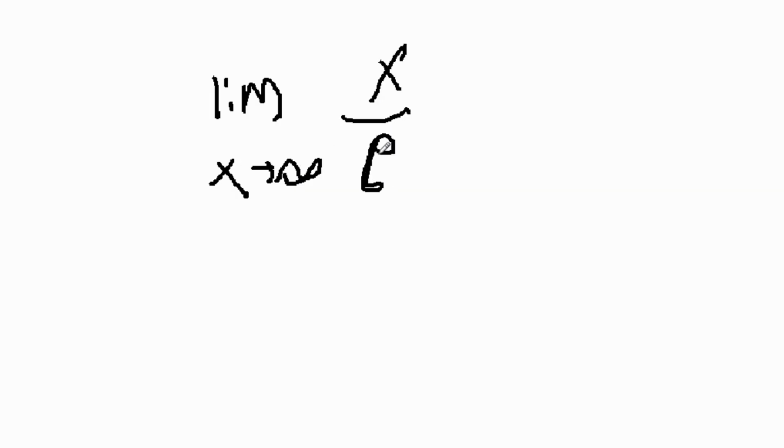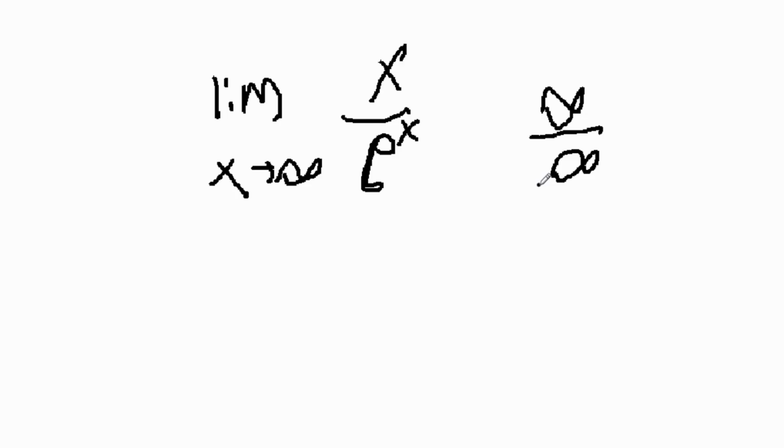Let's try another example. Okay, so you have limit as x approaches infinity of x over e to the power of x. If you substitute infinity for the numerator and denominator, you'll get infinity over infinity.